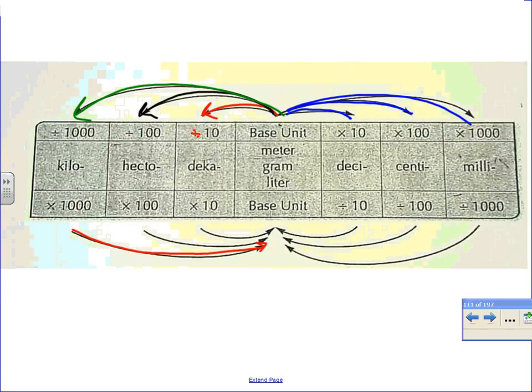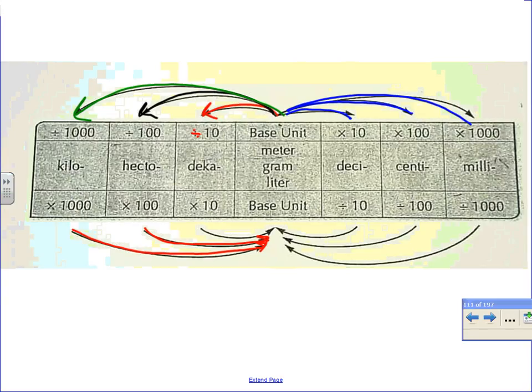Okay, what does this mean? What's that second red arrow mean, Mary? Good. So hectometer, back to meter, multiply by 100. Third one, decameter, to get back to meter, you multiply this number by 10. Same thing goes with all of these, but you have to divide by 10, 100, or 1,000, depending on what you're trying to convert.